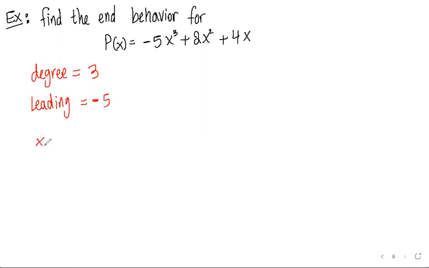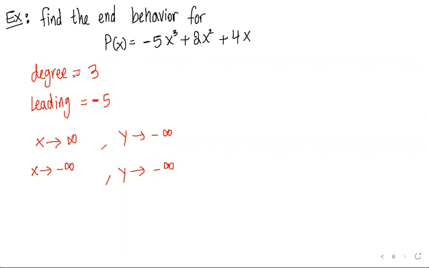Okay, hold on. Perfect, this is nice. Degree and the leading coefficient. Now x goes to infinity, and y goes to minus infinity. What is the y value? Minus infinity. And what's the y value here? Minus infinity.